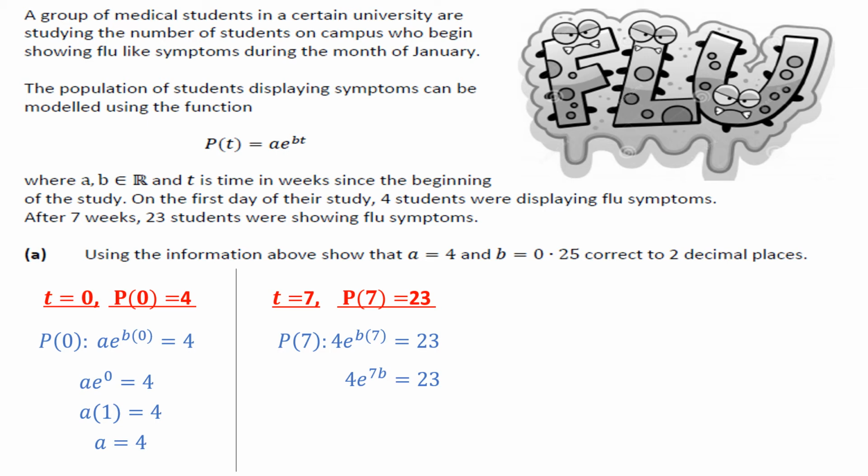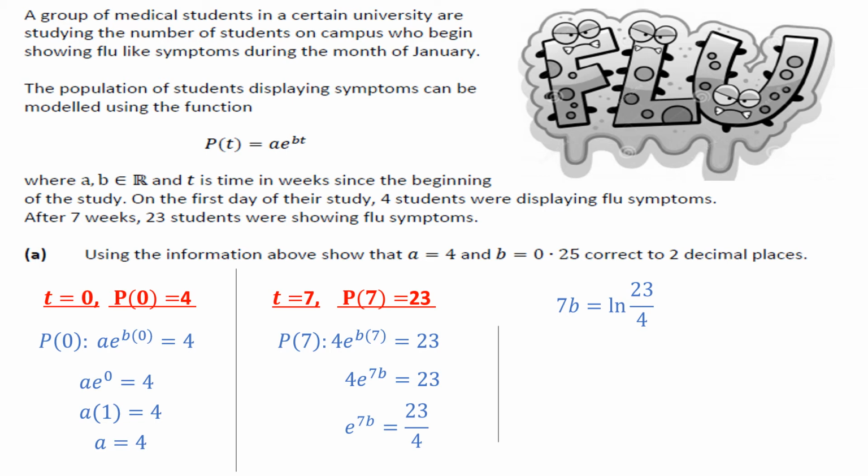I'm going to have to work with logs, but before I do, I need to make sure I have e on its own. So e to a power, there can be no coefficient. So I'm going to divide both sides by 4, and then either using your circle method, the conversion in your log tables, or if you want to take both sides to the natural log, we're going to end up with 7b equals the natural log of 23 over 4.